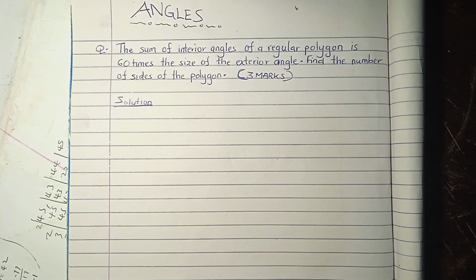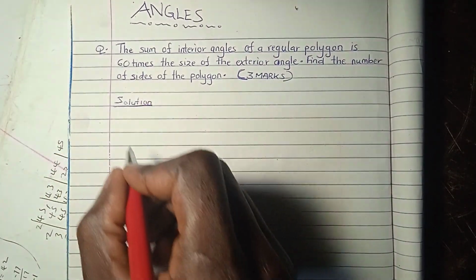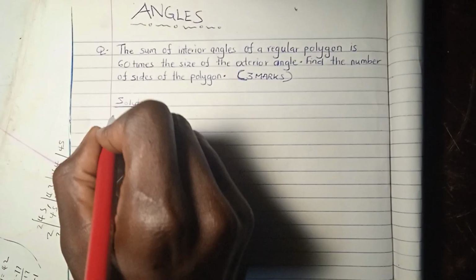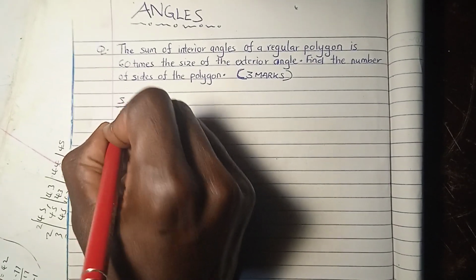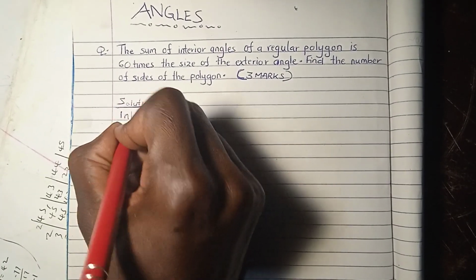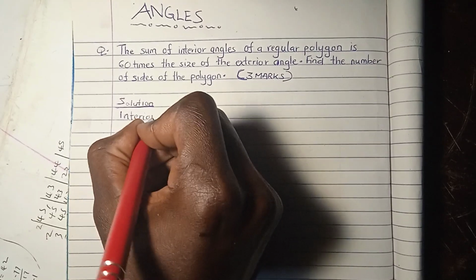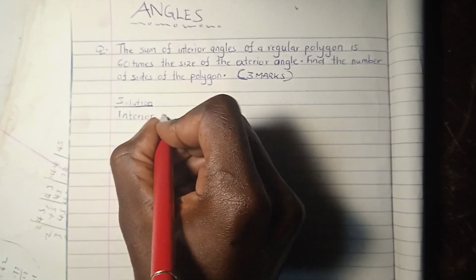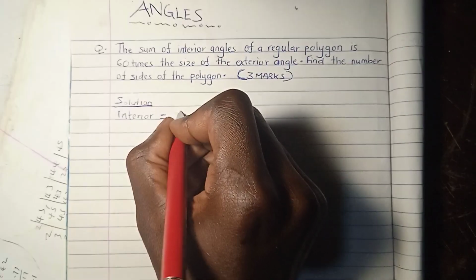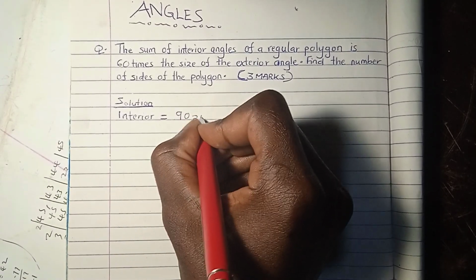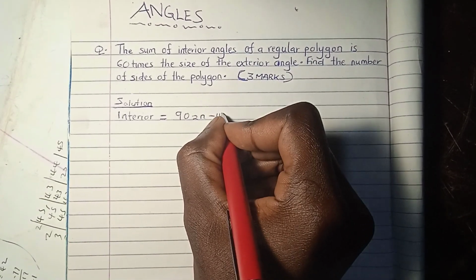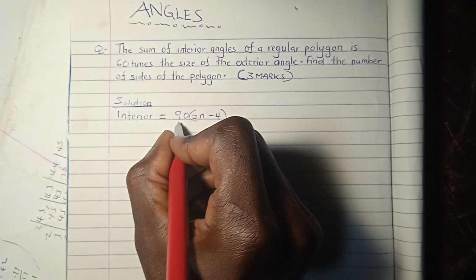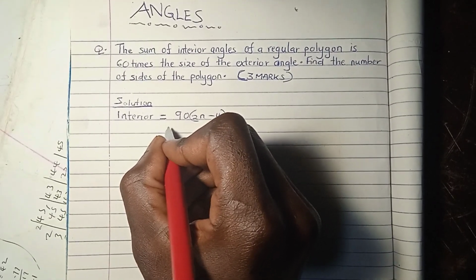The first formula is a formula concerning the interior angles. So for all interior angles, we will have the formula 90 into 2n minus 4. This formula will give you the sum of all interior angles.